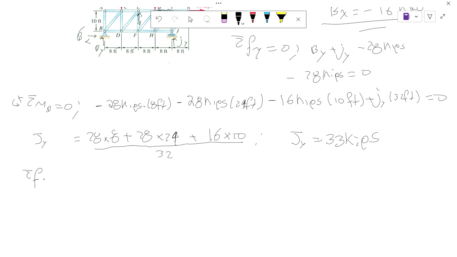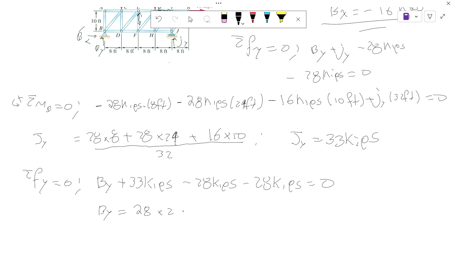So summation of forces in Y equals 0. We have By plus 33 kilopounds minus 28 kilopounds minus 28 kilopounds equals 0. Therefore, By is equal to 28 times 2 minus 33 kilopounds.